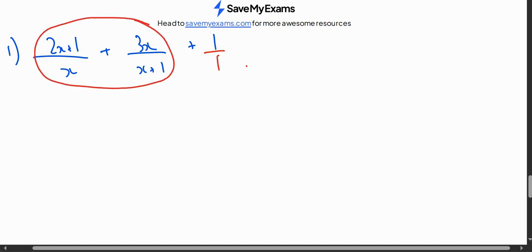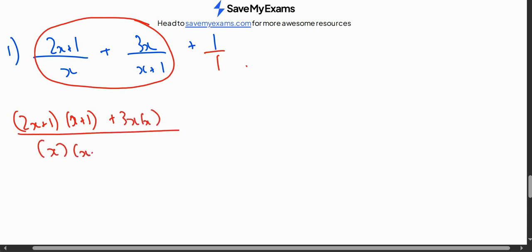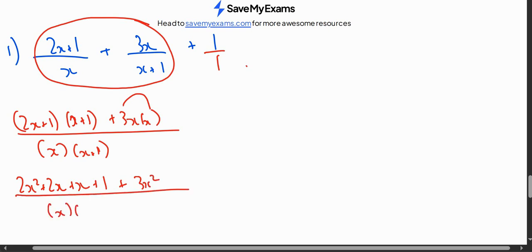Okay, first solve this. So this becomes 2x plus 1 multiplied by x plus 1 plus 3x multiplied by x upon x bracket x plus 1. So 2x multiplied by x is 2x square, 2x multiplied by 1 is 2x, 1 multiplied by x is x, 1 multiplied by 1 is 1, plus 3x square upon x bracket x plus 1.